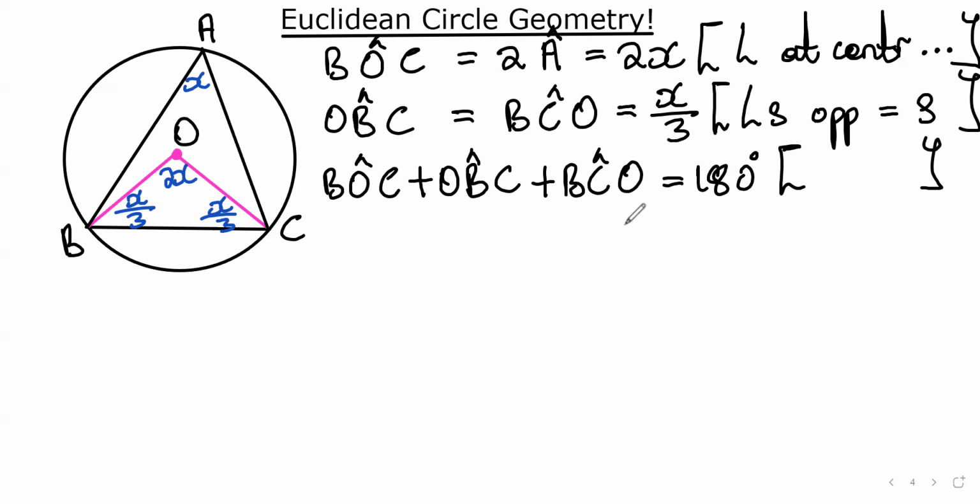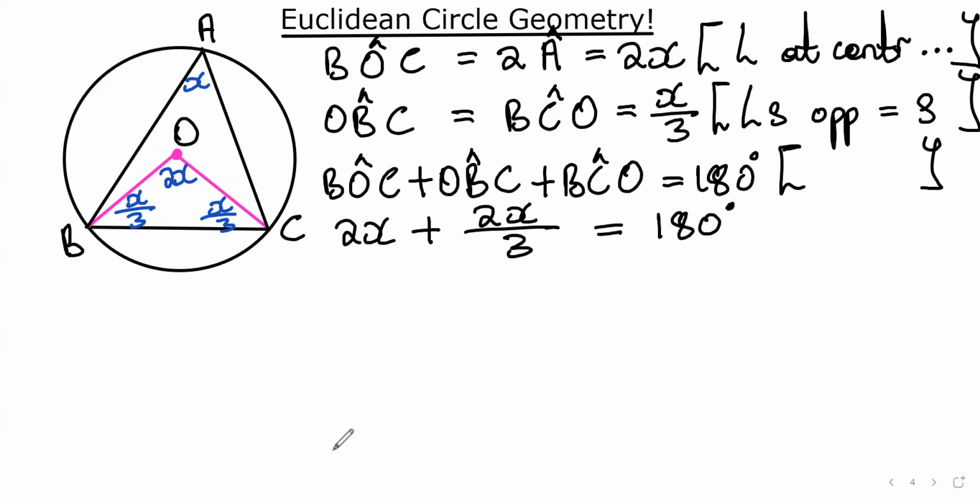You should be happy with it now. Okay, so 2x, which is added to x over 3, which is also added to x over 3. So I can just add those two up and say 2x over 3, and this is equal to 180.